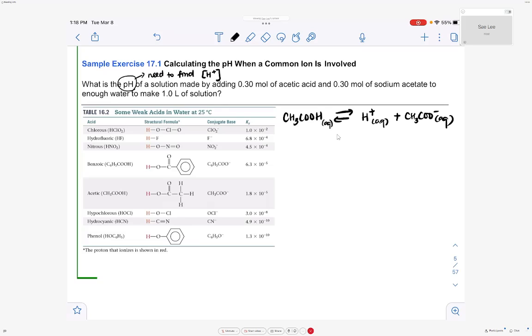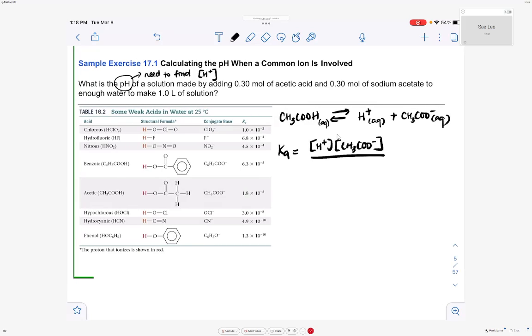The proton concentration can be found from the equilibrium constant expression for this equation, which is... If we know this, we can find the pH, right?